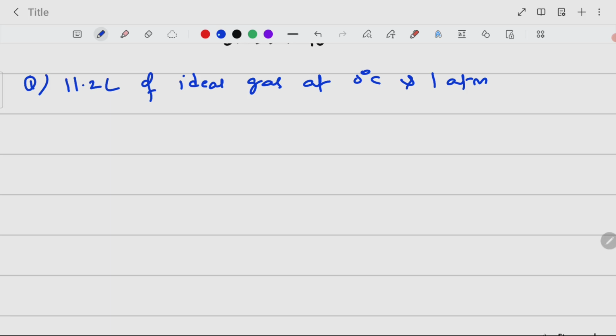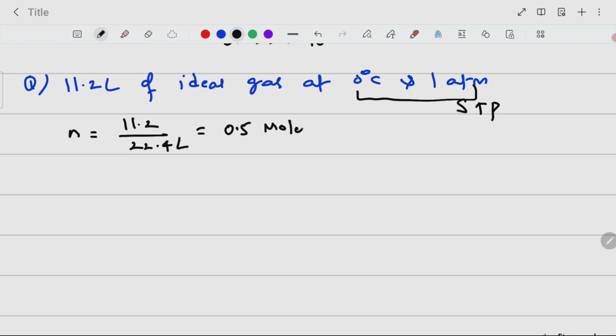So here you can consider these conditions as STP. The number of moles is equal to given volume, 11.2, by 22.4 liters, since 1 mole of any gas at STP occupies 22.4 liters. So then it is equal to 0.5 moles. Straight away, back to back easy questions.